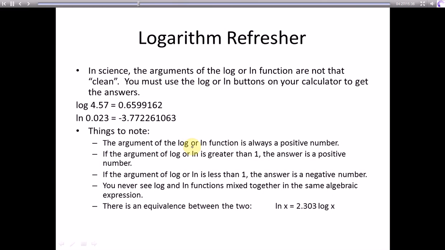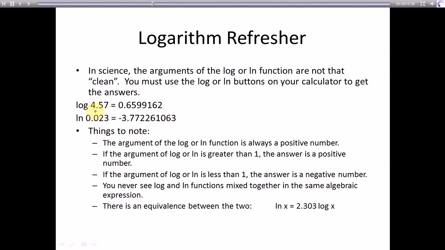Now, there are some things that you need to know regarding logs. First of all, the argument of the log, base 10, or the natural log function is always a positive number. The numbers that you put in here must be positive. You cannot take the log of a negative number. Now, if the argument of the log function is greater than 1, the answer is a positive number. We can see that in this example.